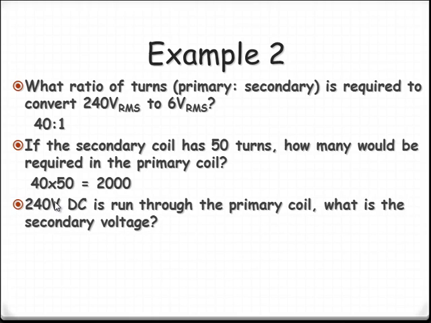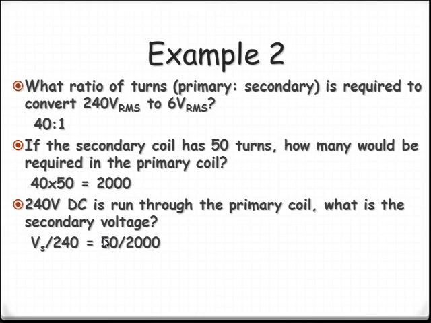If we run 240 volts through the primary coil, what is this secondary voltage? Okay, you can probably figure that out going on the first example, 50 turns, but let's substitute in anyway.